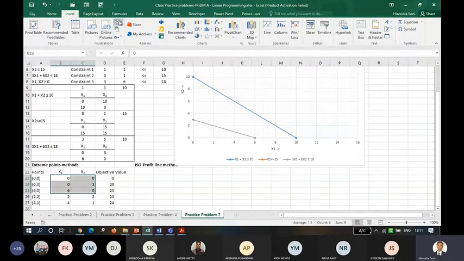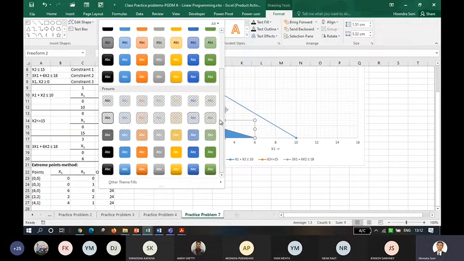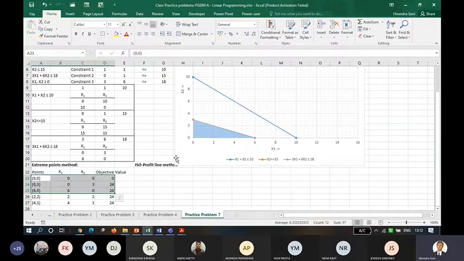If I shade the common region, it would be easy for me to understand. So we actually had only these 3 points. For these 3 points, when I started calculating I realized that at 0, 0 the value is 0, but when I look at this point which is 0, 3 and this point which is 6, 0, I got an objective value of 24 and 24.